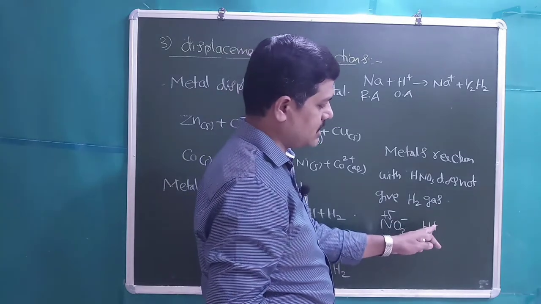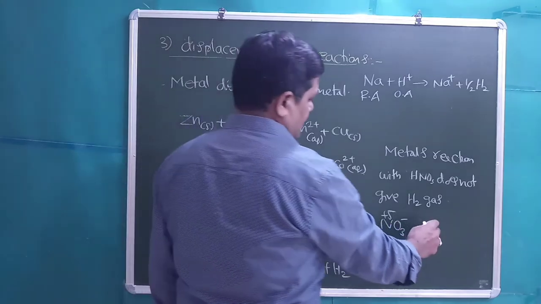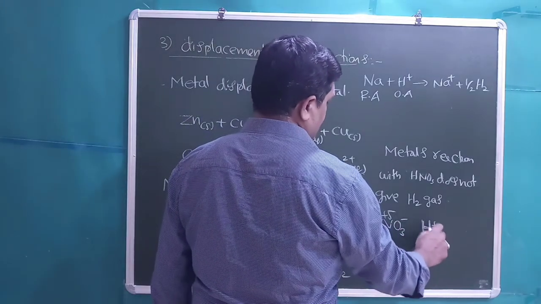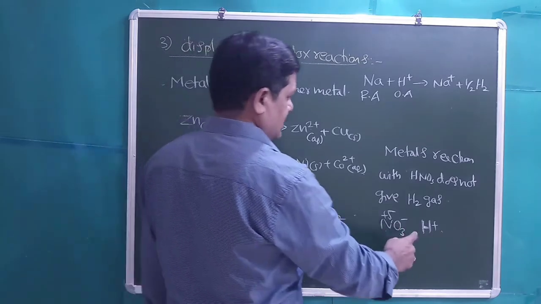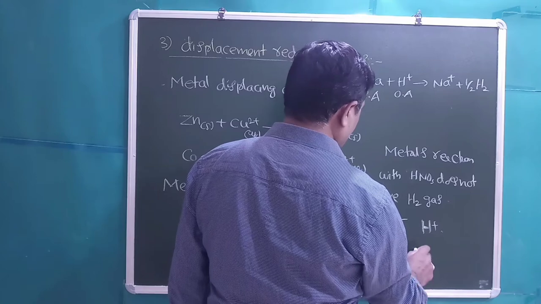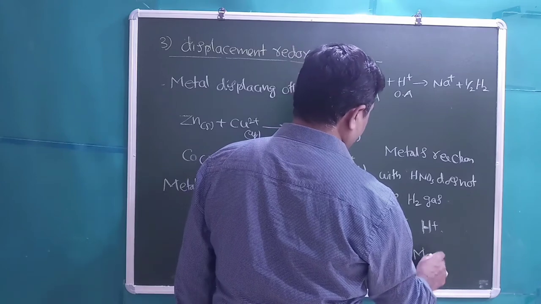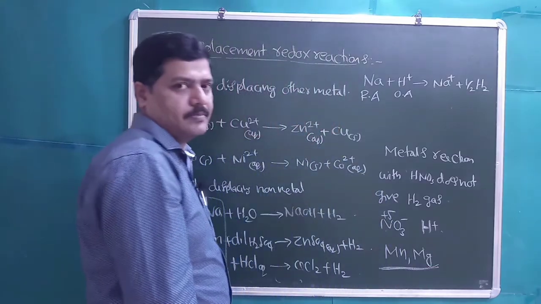Instead of giving hydrogen, they will give oxides of nitrogen, because in preference to H plus, NO3 minus will be reduced, right? But the two metals which can give hydrogen gas with very dilute HNO3 are manganese and magnesium, right?